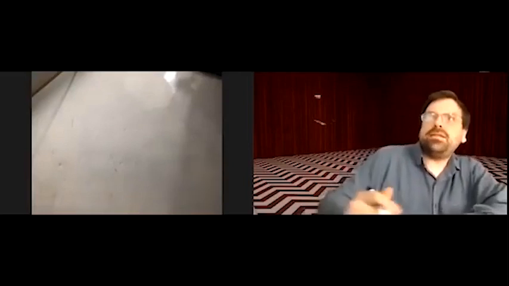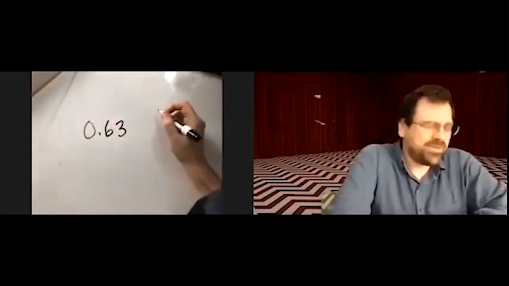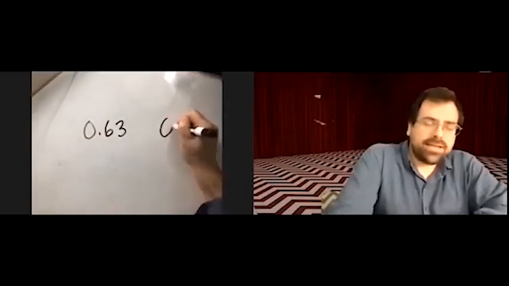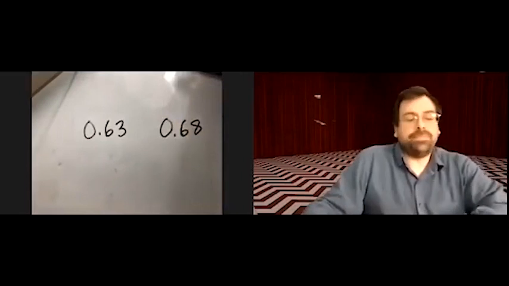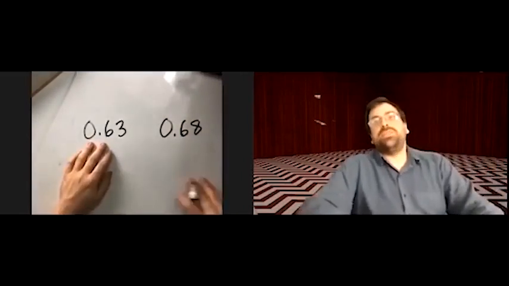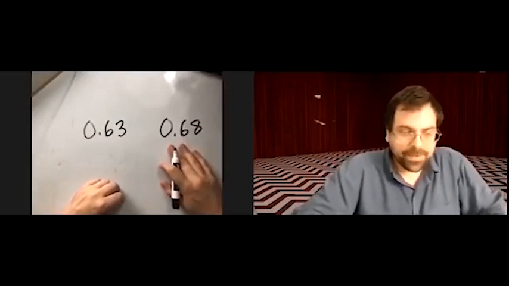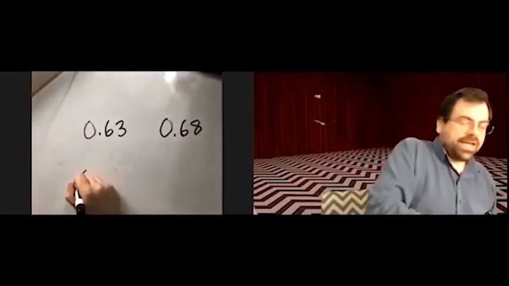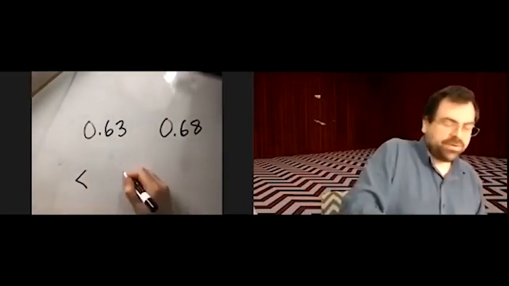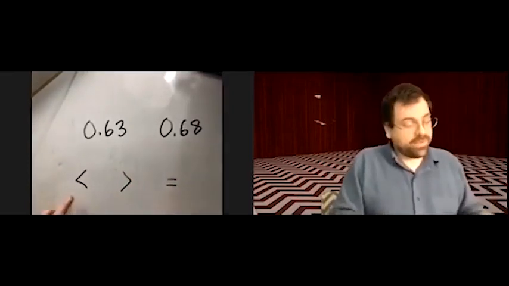If we had 0.63 and 0.68, so if we had 63 hundredths and 68 hundredths, we would like to know whether these are able to be compared with this symbol, with this symbol, or with this symbol.